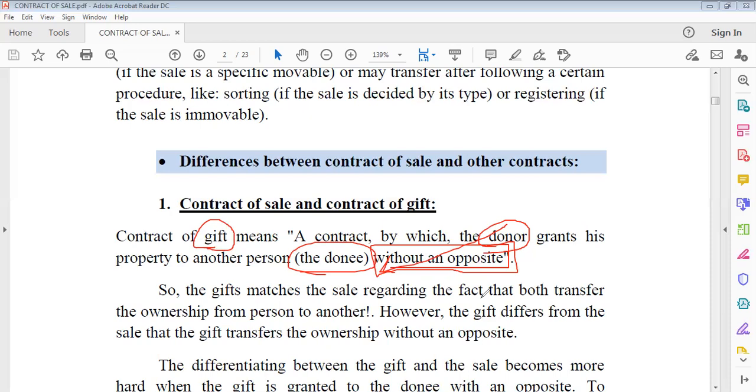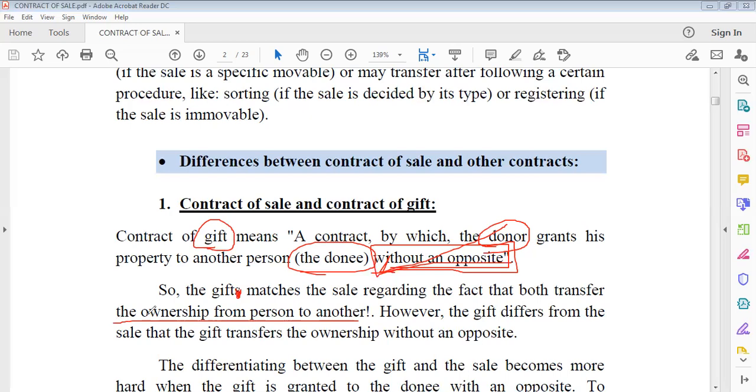So this is the gist of the contract of sale. However, in the contract of gift, the element which is the opposite does not exist. The gift matches the sale regarding the fact that both transfer the ownership from a person to another person. So the similarity between these two contracts is that every one of them is an ownership transferring contract, كل واحد منهم عقد ناقل للملكية, simply because one of the parties relinquishes his ownership to another person, whether it is with an opposite or without an opposite.